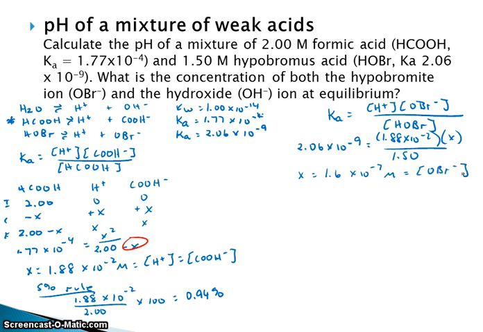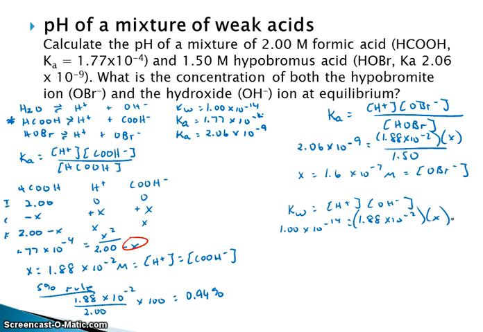Now we need to do the hydroxide ion. Well, we've got our Kw equals the concentration of hydrogen ions times the concentration of hydroxide ions. We know that Kw equals 1.00 times 10 to the minus 14. Again, our hydrogen ion is predominantly coming from the formic acid, so we'll plug in 1.88 times 10 to the minus 2 in for our hydrogen ion in this solution, and X for the hydroxide ion.